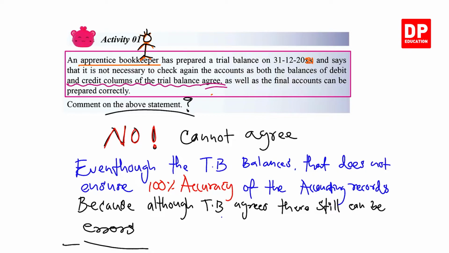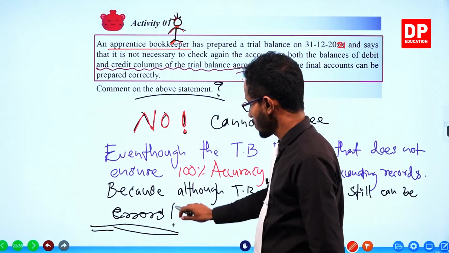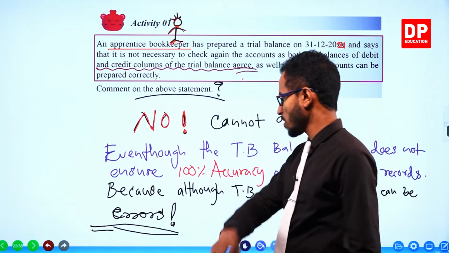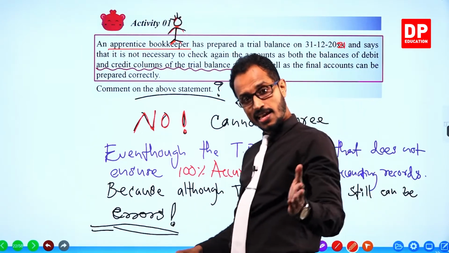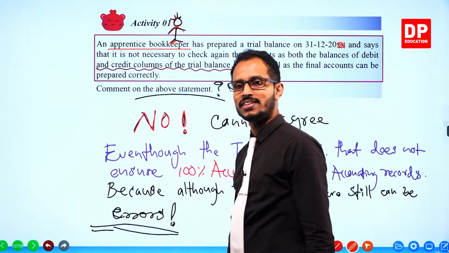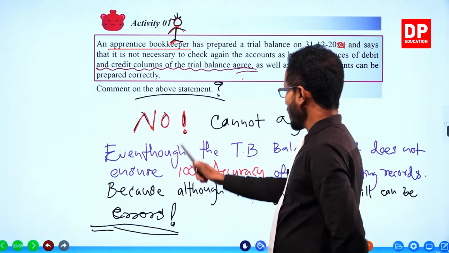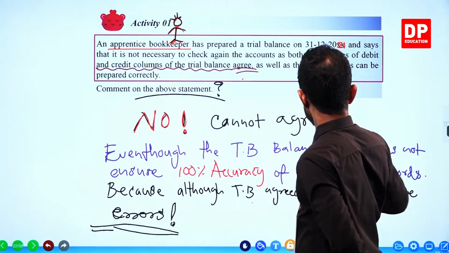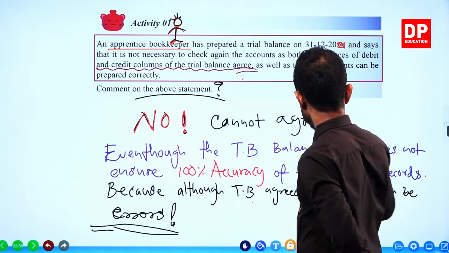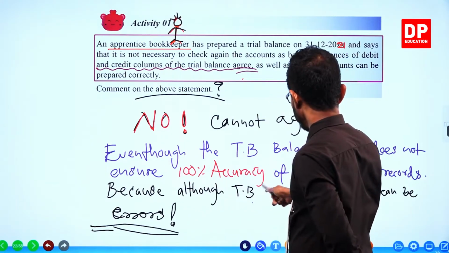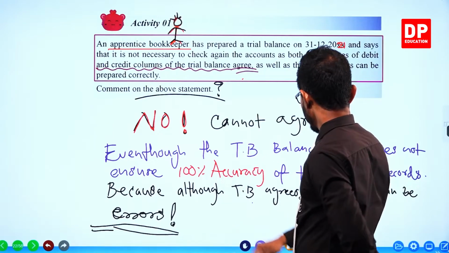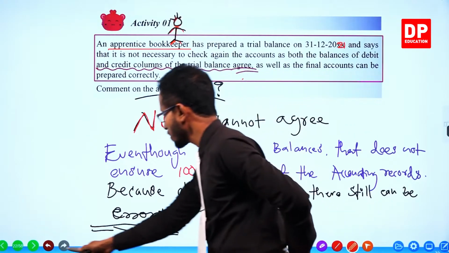There still can be errors. If you want, put another exclamation mark. There still can be errors. Done. Even though the trial balance balances, that does not ensure 100% accuracy of the accounting records, because although trial balance agrees, there still can be errors.